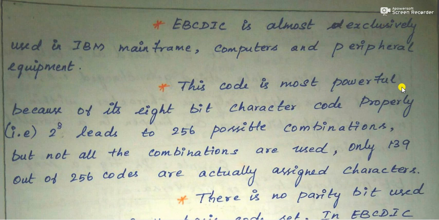EBCDIC is almost exclusively used in IBM mainframe computers and peripheral equipment. This is an 8-bit character code, so 2 power 8 leads to 256 possible combinations. But not all the combinations are used. Only 139 characters are used out of 256 codes.